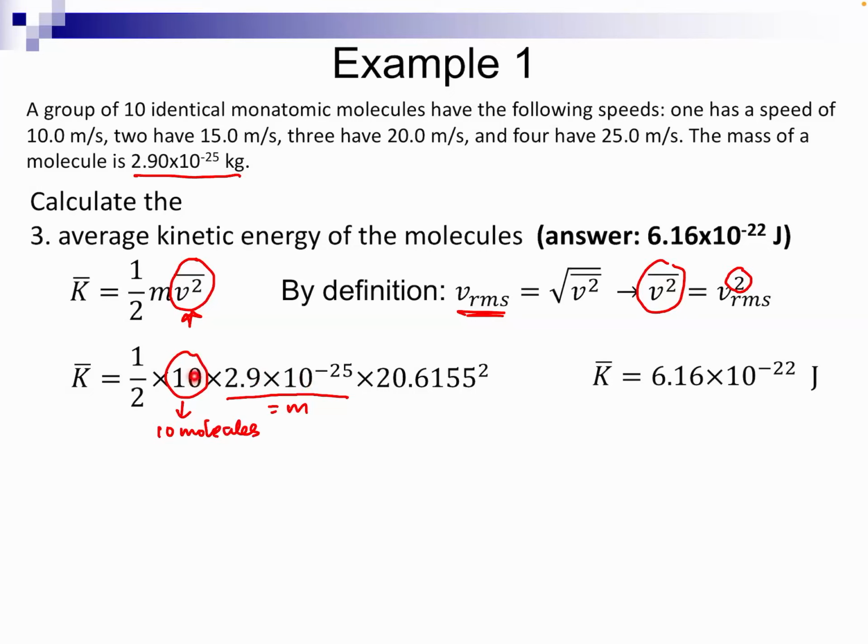So don't forget to multiply by 10 and then multiply by v squared average, which is now your VRMS squared. So don't forget to square the VRMS. This gives you the correct kinetic energy, of course, in joules.